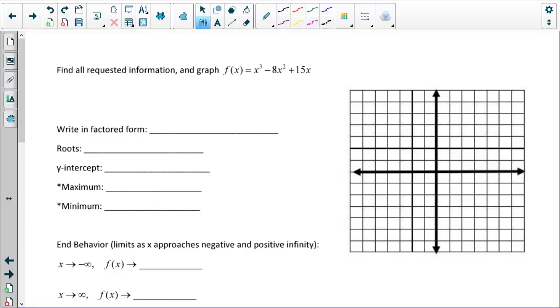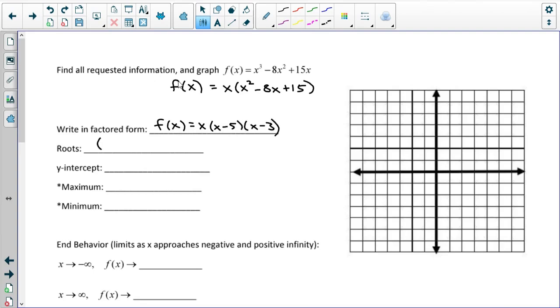We're going to quickly do these two problems. I will factor them for you and then get everything into what we need in order to graph the polynomial. So I have f of x equals x times x squared minus 8x plus 15 with the greatest common factor. And then when I factor the last part, I get x times x minus 5 times x minus 3.